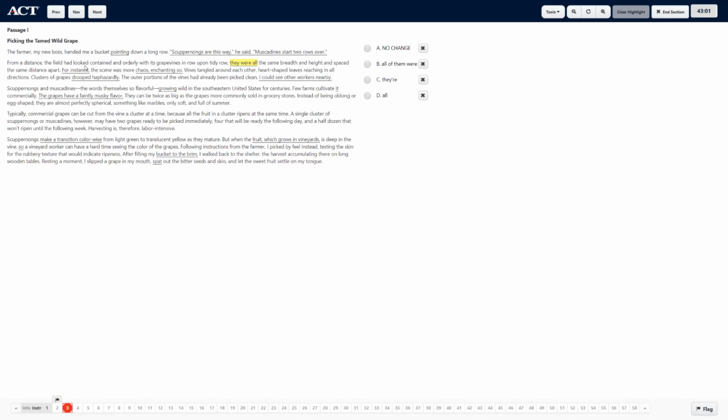From a distance the field had looked contained and orderly, with its grapevines in row upon tidy row. They were all the same breadth and spaced the same distance apart. So I read the whole paragraph and now I'm going to focus on this part. We can use the highlighter here.